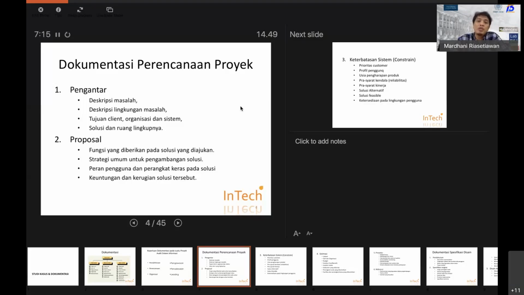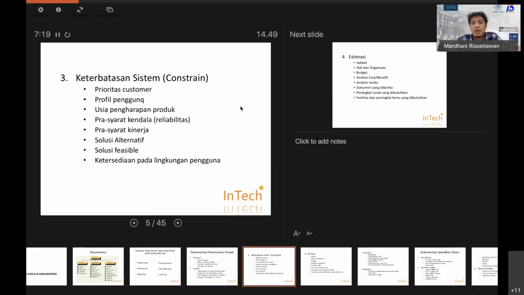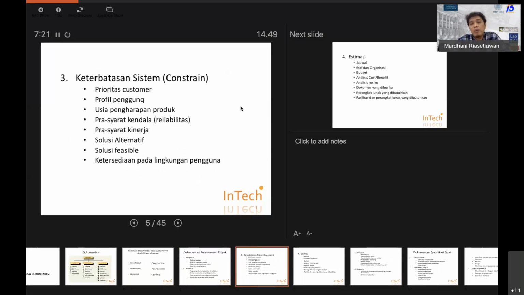Yeah. And then you also need to check the constraints about your document, your solution. For example, what is your customer priority when you address some issue? Do you have any user profiling for that? And then what is the demography of your product, for example, your solution?